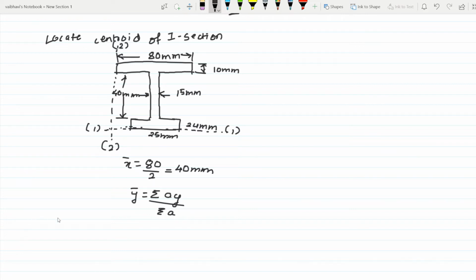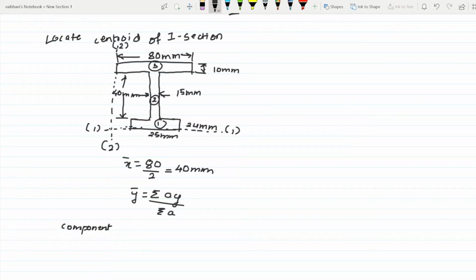Now let us divide the figure into simple figures. First, component, let us give a naming for our reference. Component 1, component 2 and this is the third component.